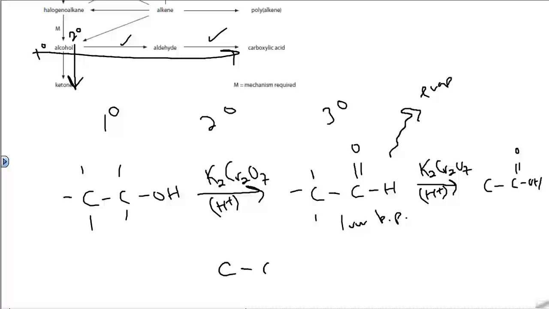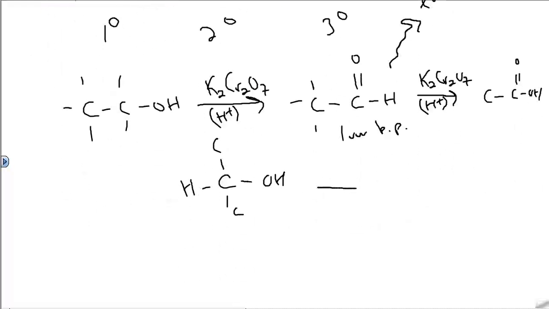A secondary alcohol like this one, with acidified potassium dichromate, can be oxidized to form a ketone. This is propanone. Tertiary alcohols do not get oxidized. So that covers all of those steps.